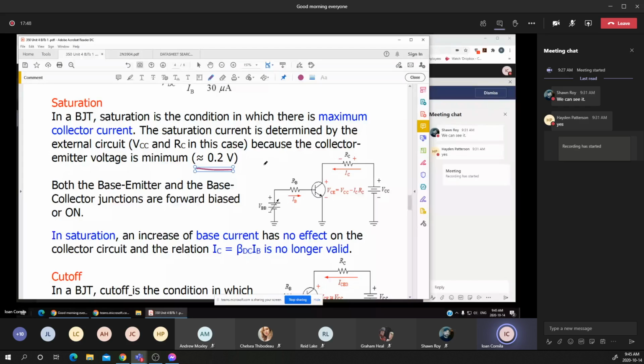Other quantities can be very small, like in this example, the VCE is very small, 0.2 volts, but we are comparing the 0.2 volts with 10, 20, 50, or 100 volts VCC.